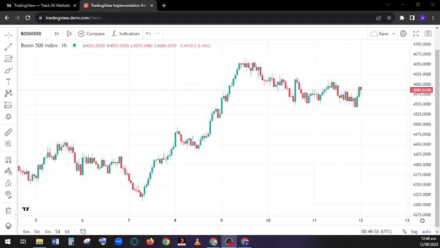Today we are going to look at how we can identify these areas on the chart, how we will think like retail traders and use their ideology to make proper entries as smart money traders. So we are going to dive into the chart and look at how you'll be able to use this liquidity to trade in the market.